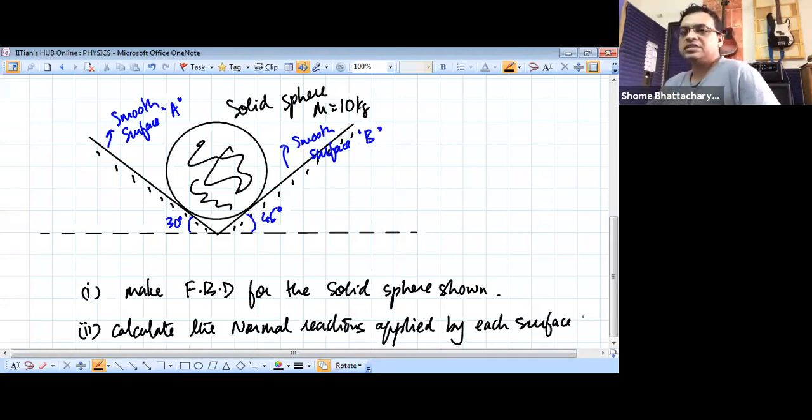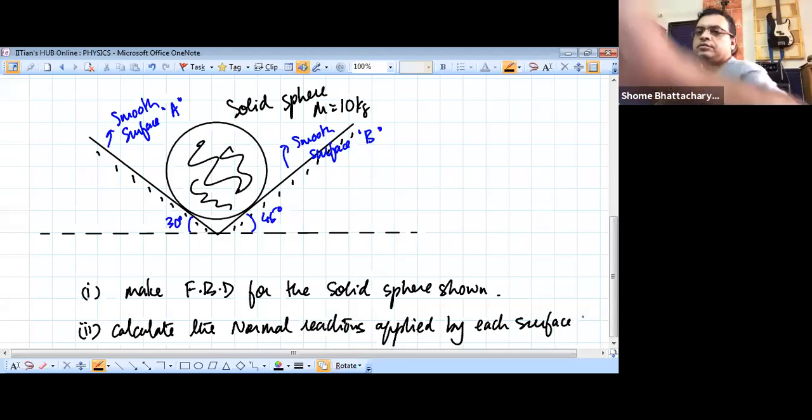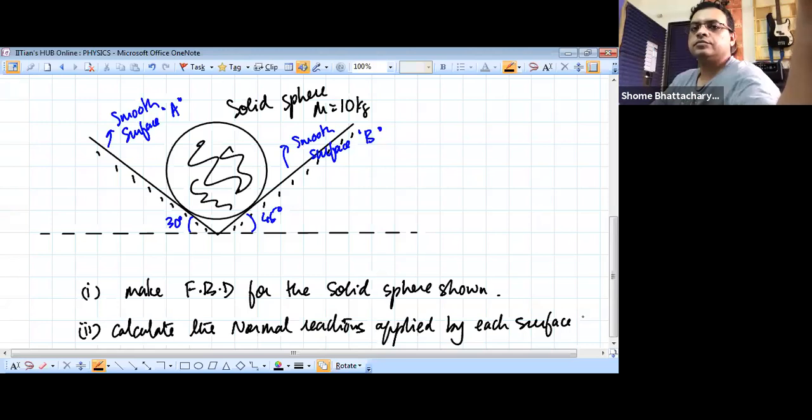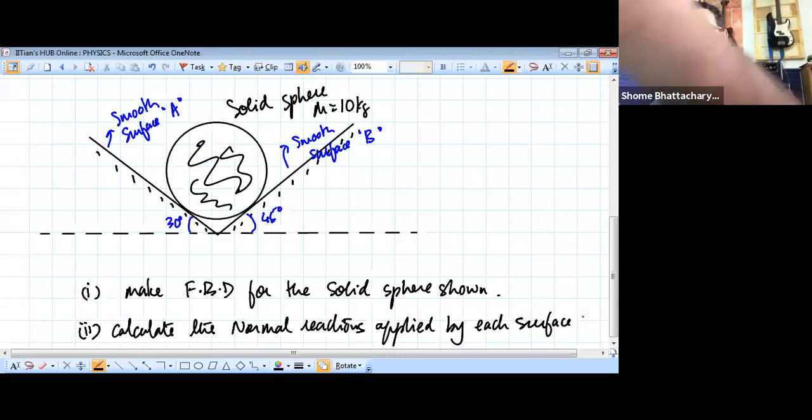Take each of the surfaces as A and B and calculate the normal reaction applied by each of them. Hope the question is clear to all of you. Right, hope the question is clear. You have to calculate the normal reaction applied by each of them.